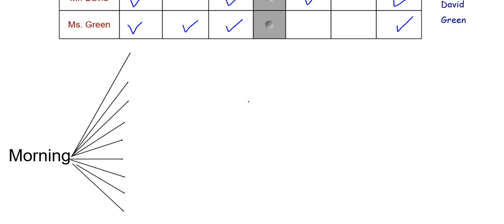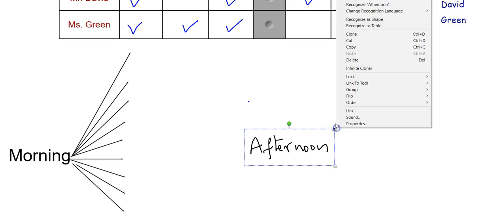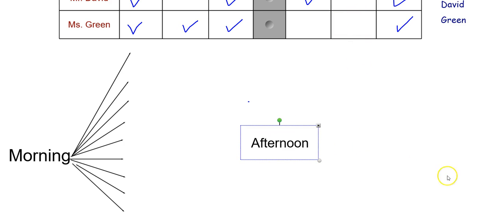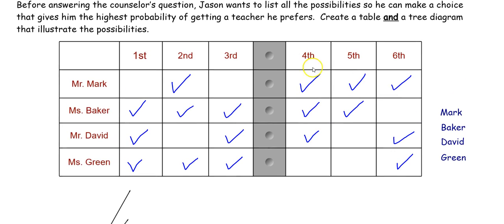Now, similarly in the afternoon, what do we have? 1, 2, 3, 4, 5, 6, 7, 8.